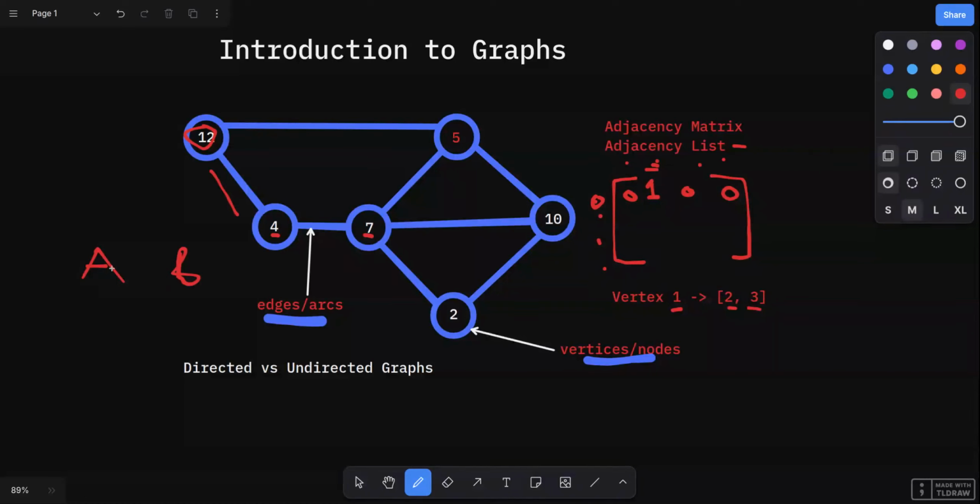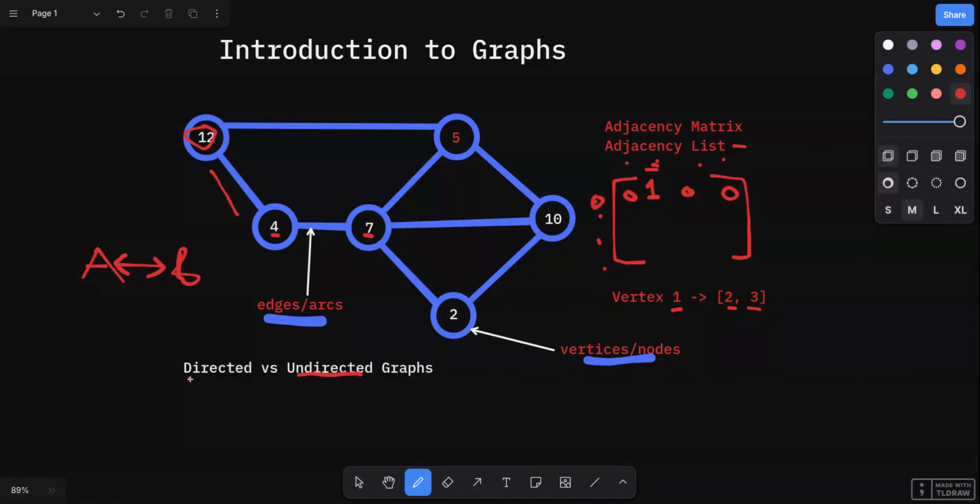If person A is friends with person B, so there's a connection between them, then person B is also a friend with person A. This is when we have an undirected graph. So there's a friendship between them, since you can traverse across A and B.